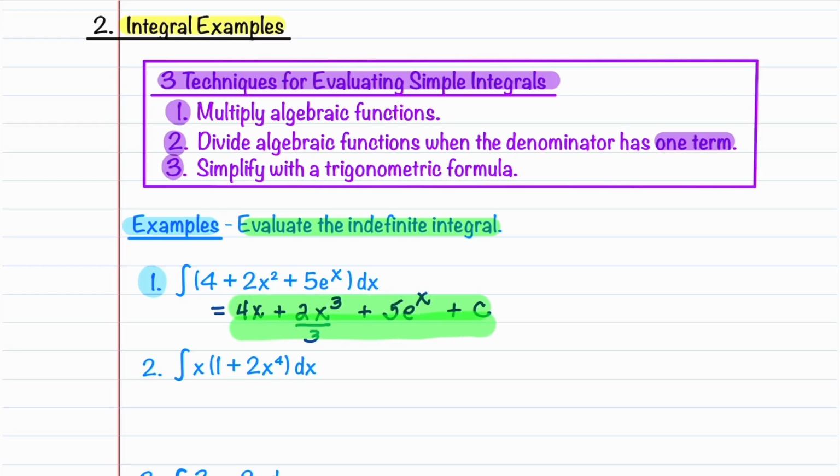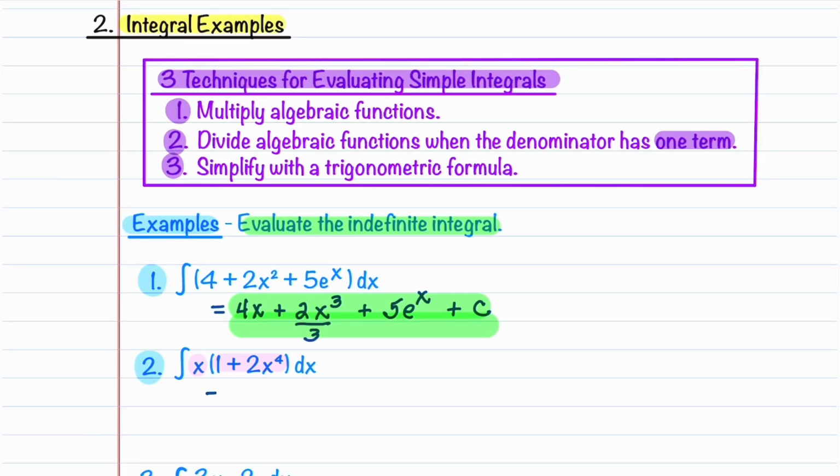And there's our answer. In our second example, we are integrating x times the quantity 1 plus 2x to the fourth. This is an example where we have one function multiplied by another function. When we go to integrate this, we want to start by multiplying these 2 functions out.